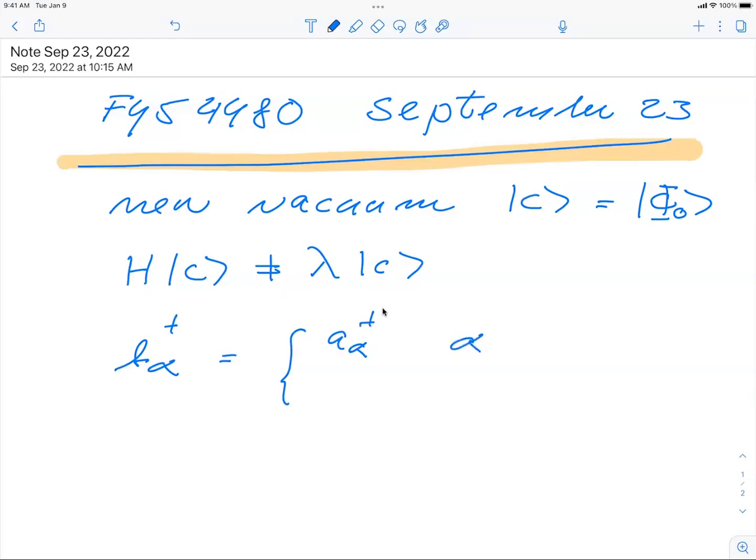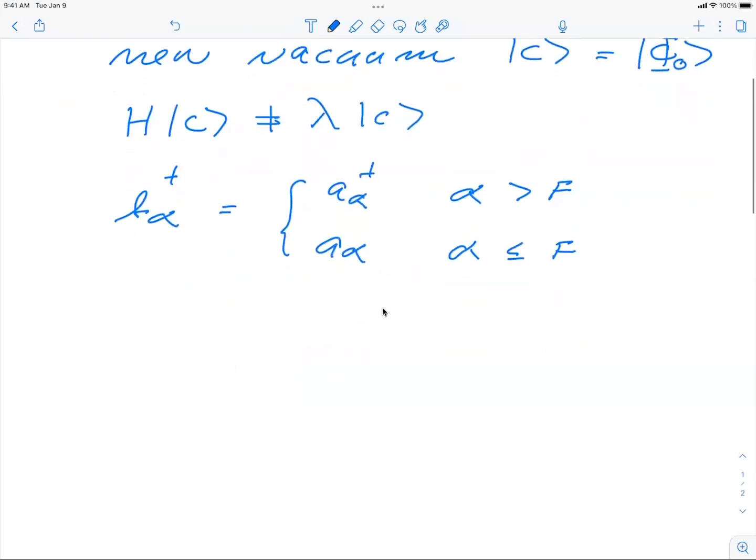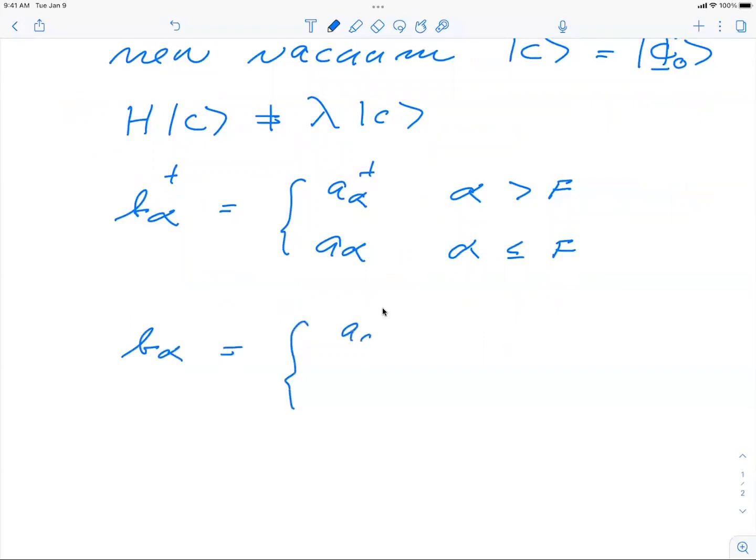And this was given in case alpha was larger than the Fermi level. And then we had an a_alpha, the annihilation operator, in case alpha was below the Fermi level. And then we had the annihilation operator, which now was defined as a regular annihilation operator for particle states. So this alpha is larger than F. And then we had an a_alpha dagger when alpha is less than F.